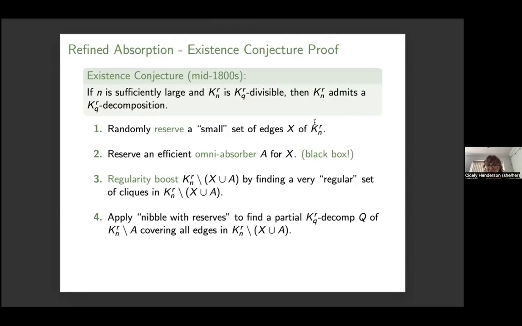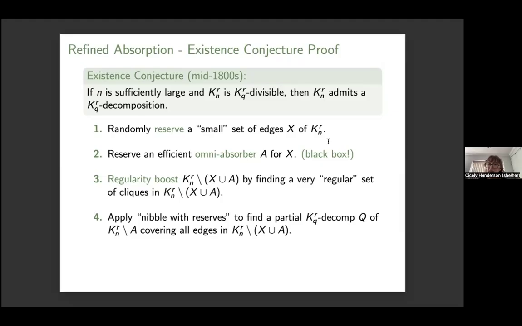So first, they randomly reserve a small set of edges X of K_n^R, using the Chernoff bound, not super hard. Then they use the theorem we just talked about on the previous slide to reserve an efficient omni-absorber A for X. Their theorem functions as a black box, the existence of omni-absorbers in dense enough settings.